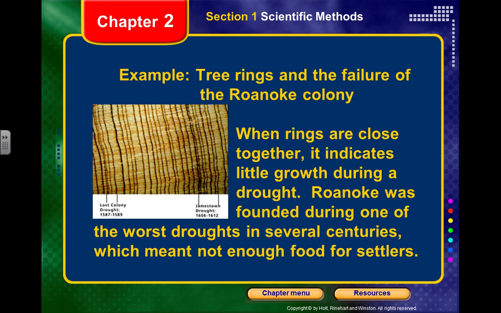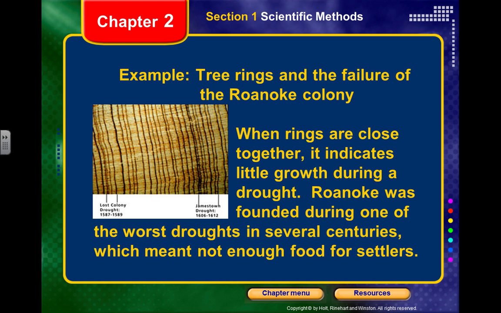So scientists, and historians, believed that what probably happened was, because there wasn't enough food due to lack of rainfall, some of the settlers probably starved to death, but others probably ended up being absorbed into Indian tribes that were nearby in order to be able to have something to eat.